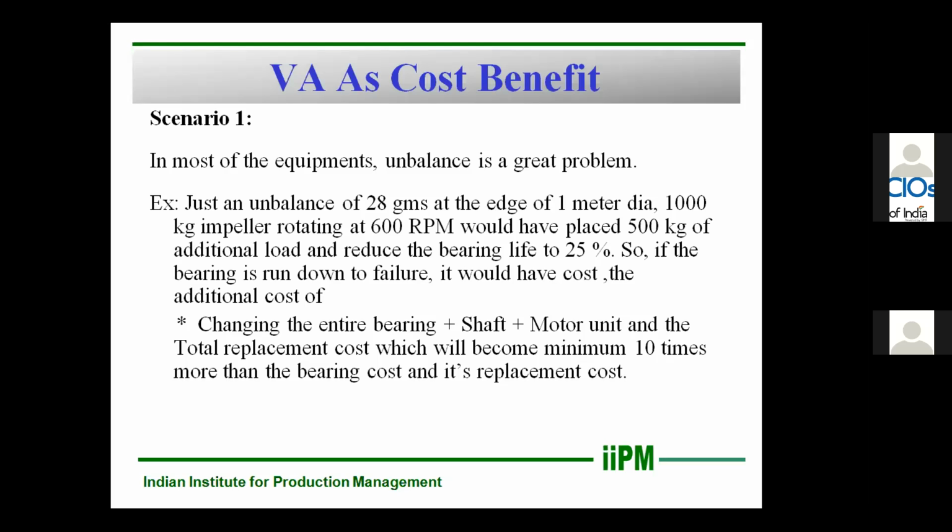This unbalance of 28 gram will have an additional 500 kg of load, and it will reduce the bearing life to 25%. If a bearing is run down to failure, there would be an additional cost of changing the entire bearing plus shaft plus motor unit and many more. So the total replacement cost will be around 10 times more than a bearing cost.